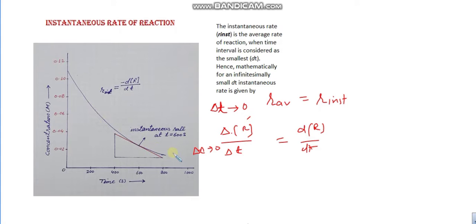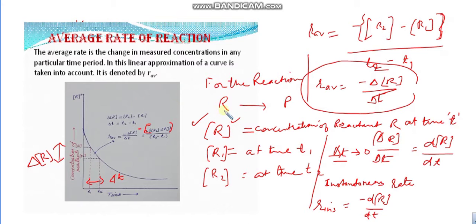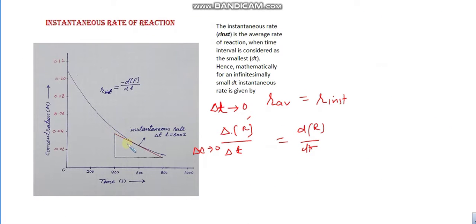So we can explain with the help of this graph here. Look here, this is the slope when concentration of reactant is decreasing. Here for this reaction and concentration of reactant is decreasing, so we will draw a tangent anywhere at this curve, and here this is very small interval of time, means here it is touching this one.